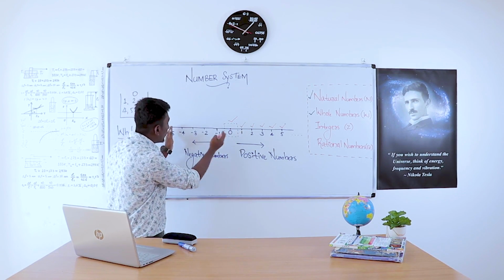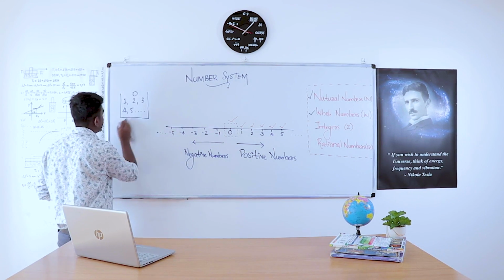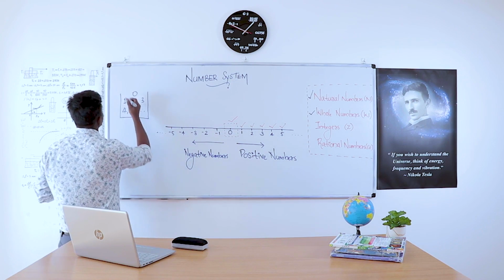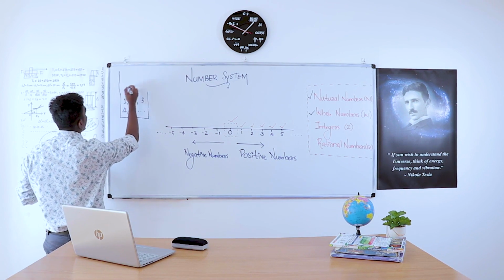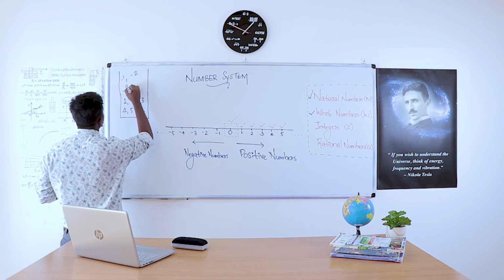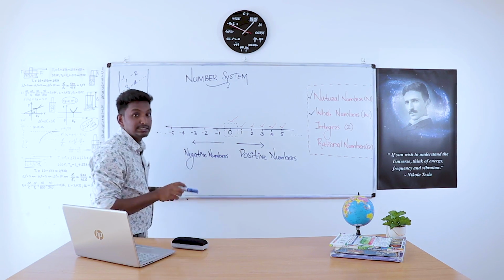Now I take all these numbers and put them in the same bag where 0, 1, 2, 3, 4, etc. are there. Now I expand the bag and put -1, -2, -3, -4, etc. in the same bag.